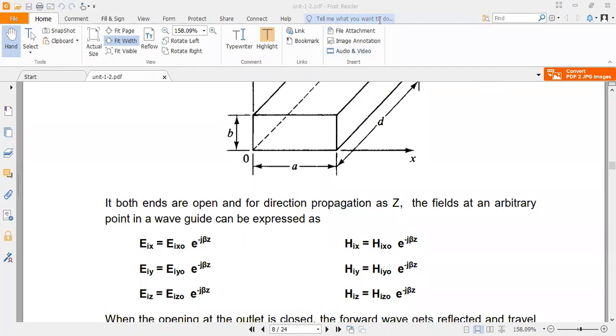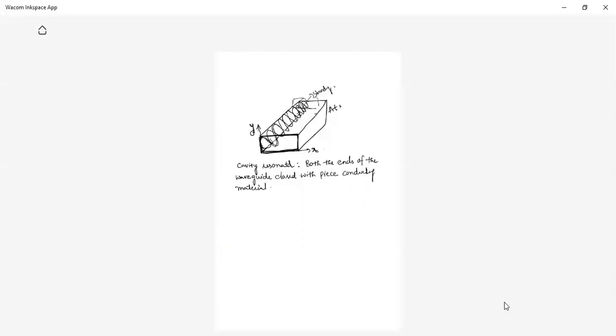Whenever I represent e power of minus j beta z, it means the wave propagates in the positive z direction. E power of plus j beta z means the wave propagates in the negative z direction.